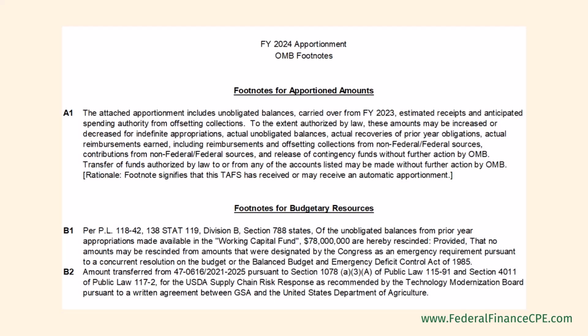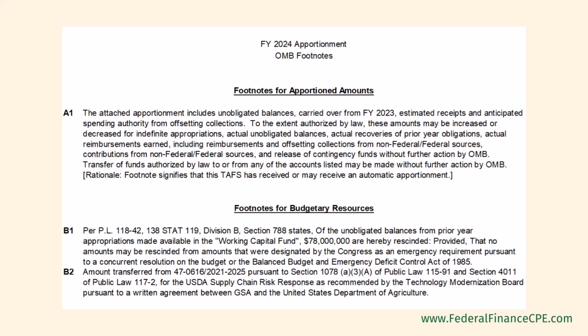Now let's look at the budgetary resources footnote. Footnote B1 explains the obligated balance of appropriations permanently reduced line. Footnote B1 references a specific law that rescinded 78 million unobligated balances from prior year appropriations made available in the working capital fund. 78 million are hereby rescinded, provided that no amounts may be rescinded for amounts that were designated by Congress as emergency requirement pursuant to a concurrent resolution on the budget or the Balanced Budget and Emergency Deficit Control Act of 1985.